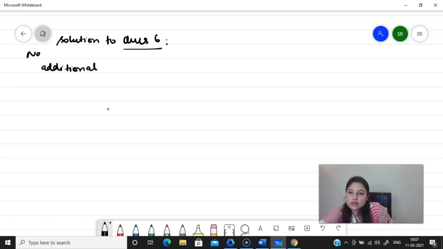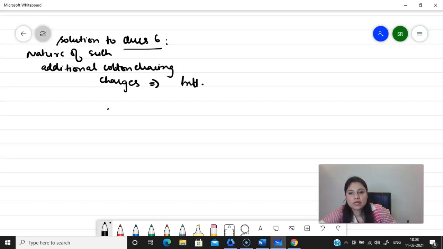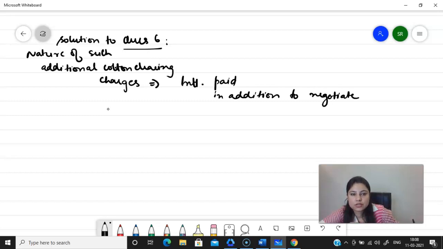The nature of such additional cotton clearing charges is interest paid in addition to the negotiated price.